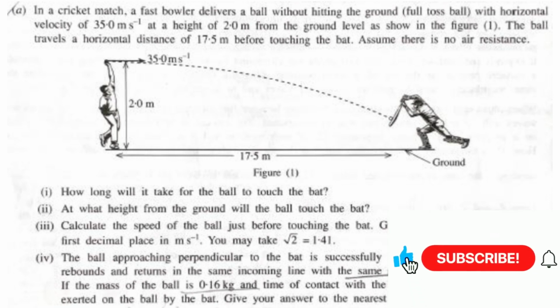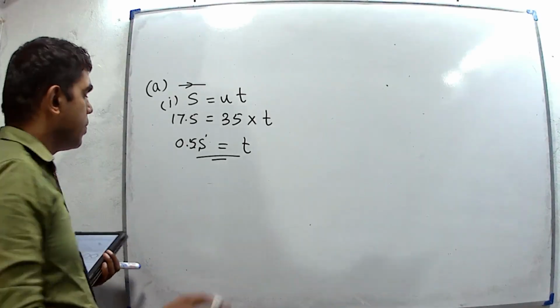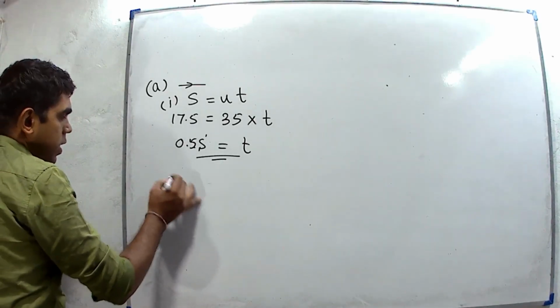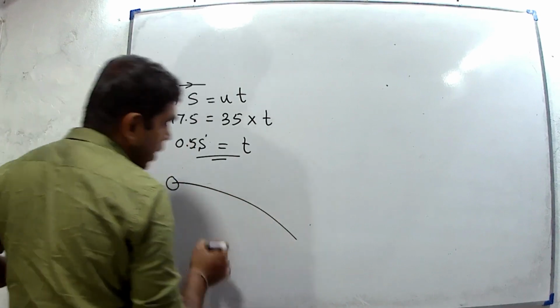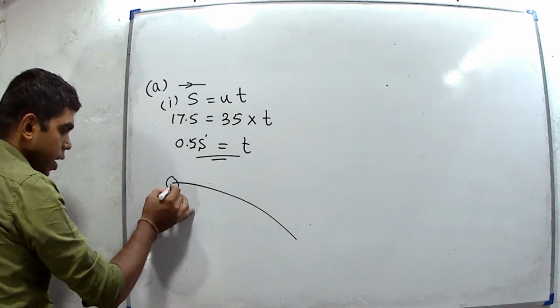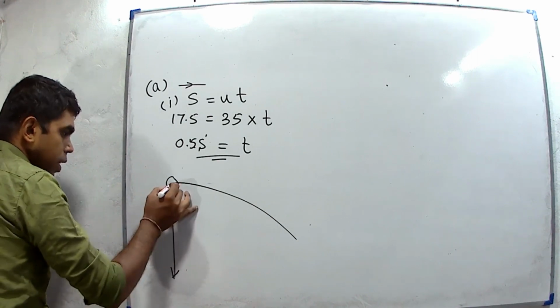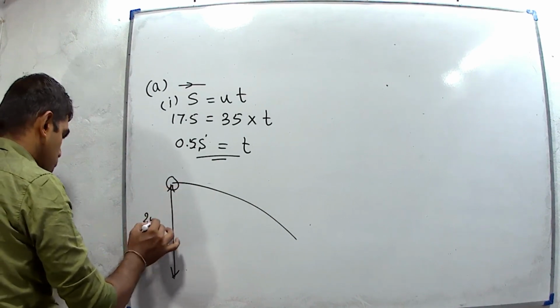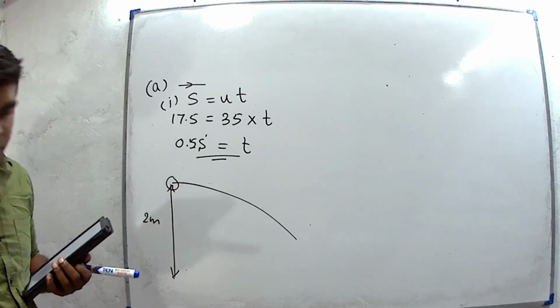Then part 2. At what height from the ground will the ball touch the bat? Now we can consider the ball is moving in a path like this. Initial height is 2 meters from the ground level.